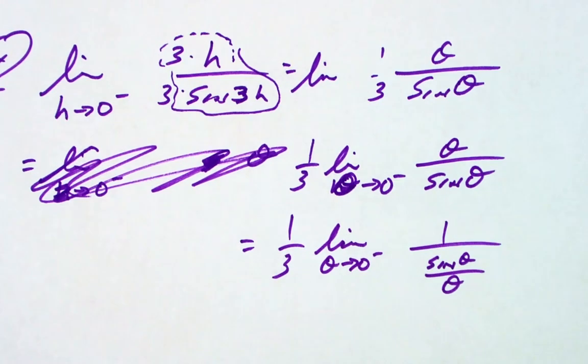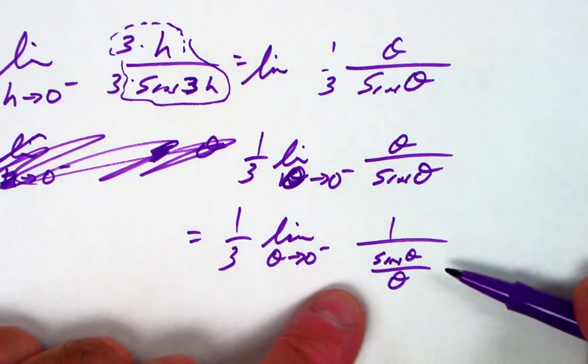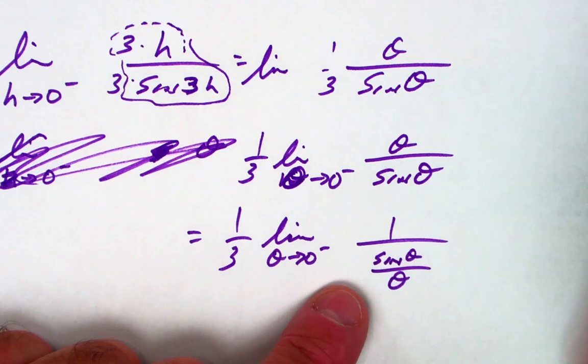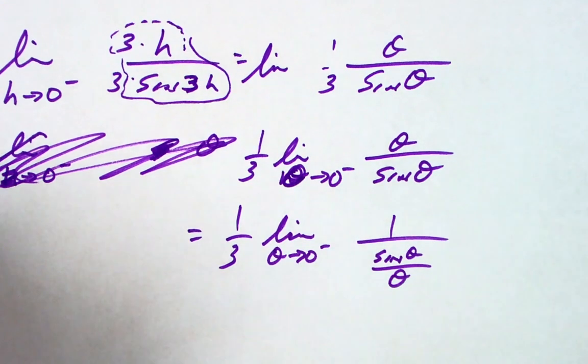Is that true? Can I take that, flip it, and put it on the bottom? I can. Okay? Because it was kind of like saying, if I had something to the -1 power on the bottom, I would flip it and bring it up top. So these two things are equivalent.